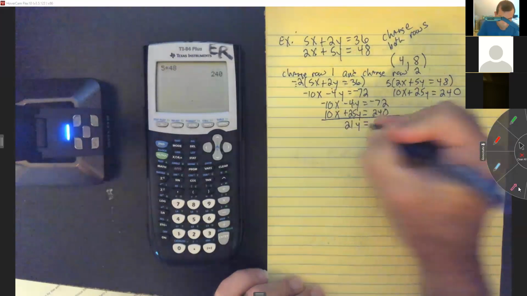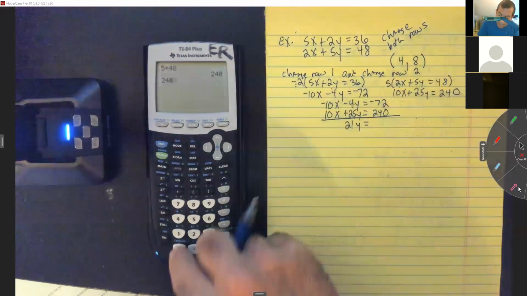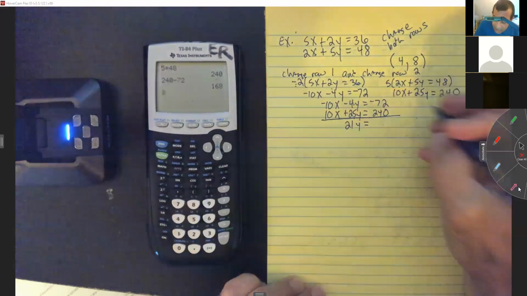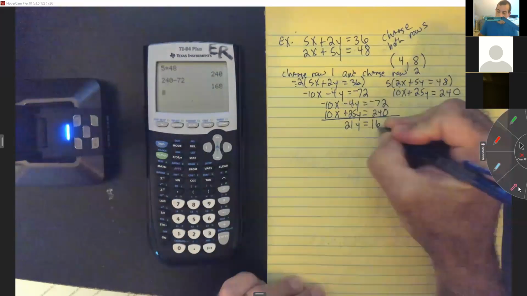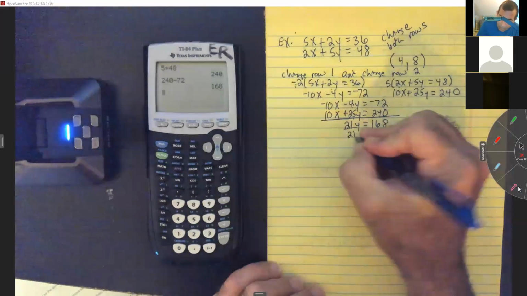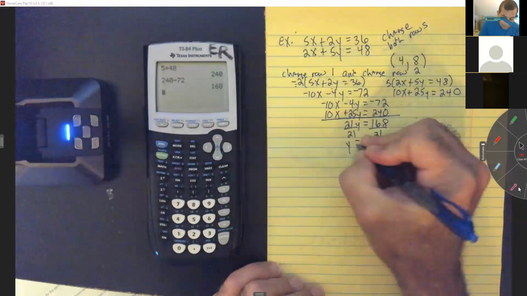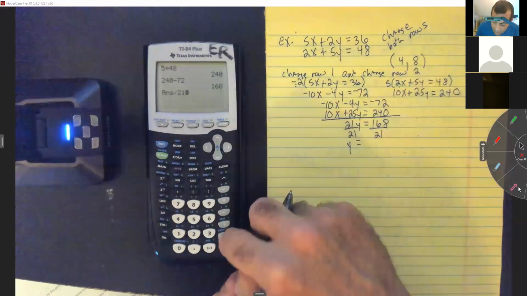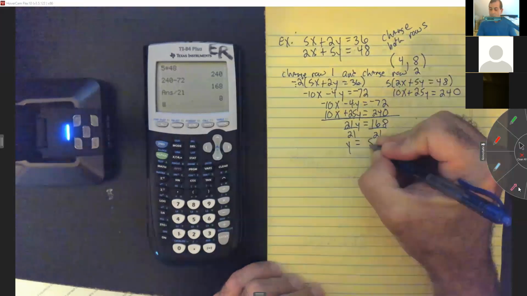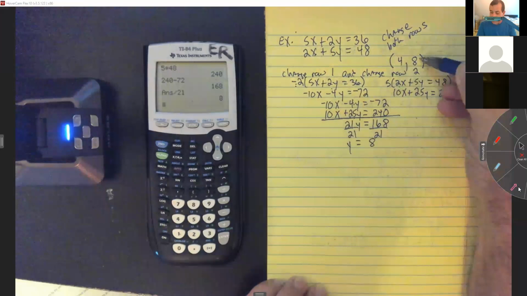And then 240 minus 72 is going to give us 168. All right, divide both sides by 21. And my y is 8. But we knew that because a while ago when we put it on a calculator, we got an 8.